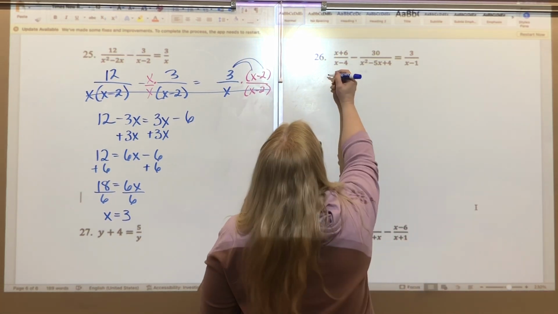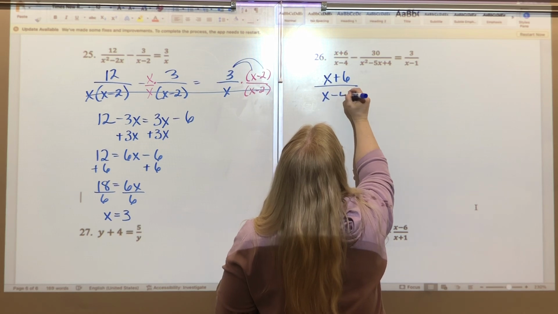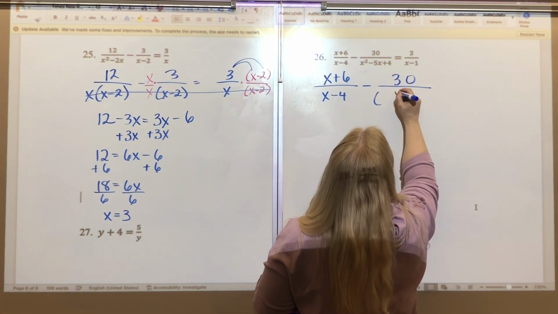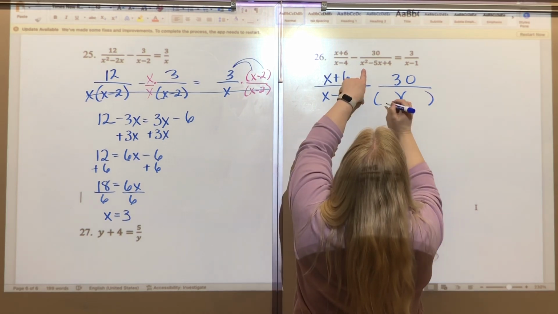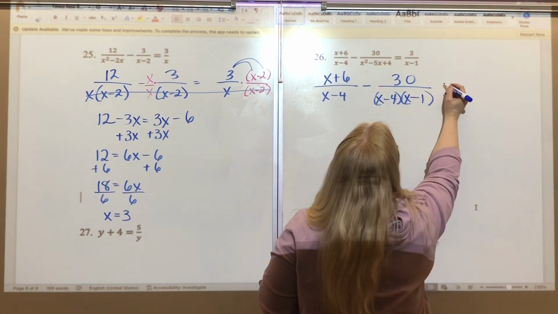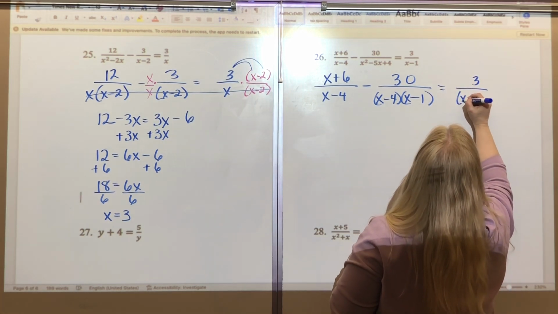Okay, again, we're going to factor first. x minus 4 minus 30 over, this is going to be x minus 4, x minus 1, equals 3 over x minus 1.